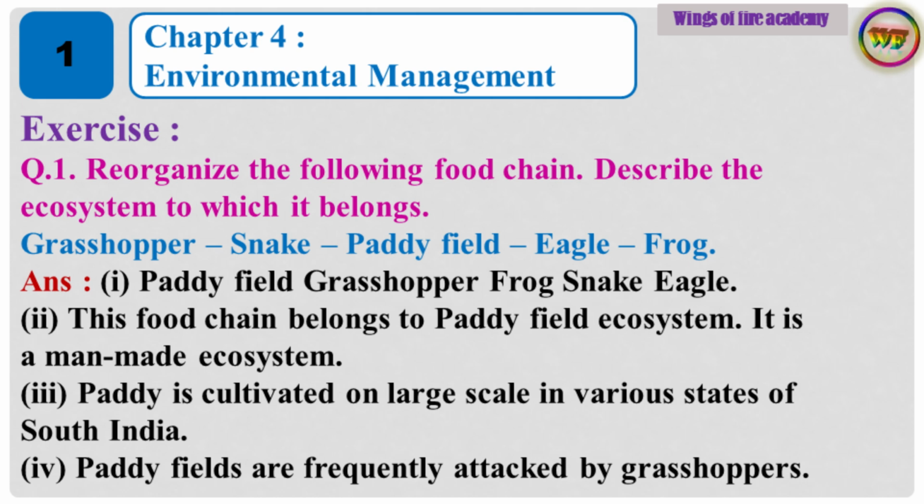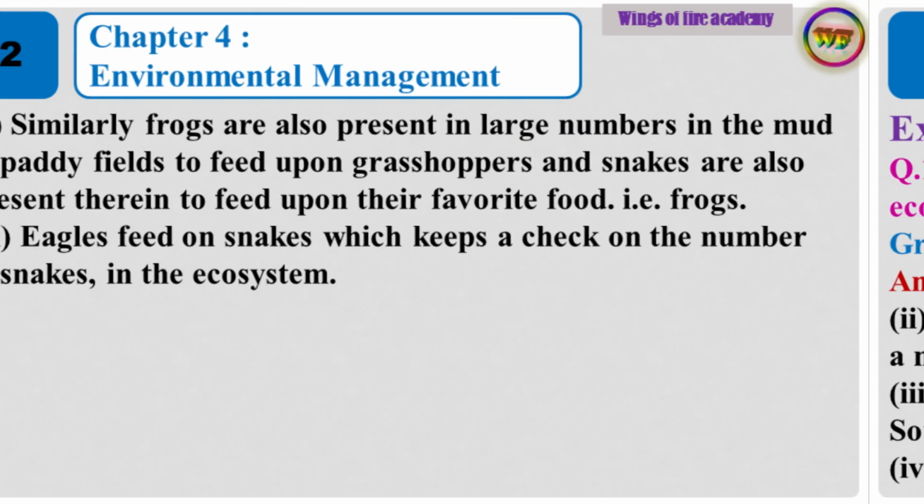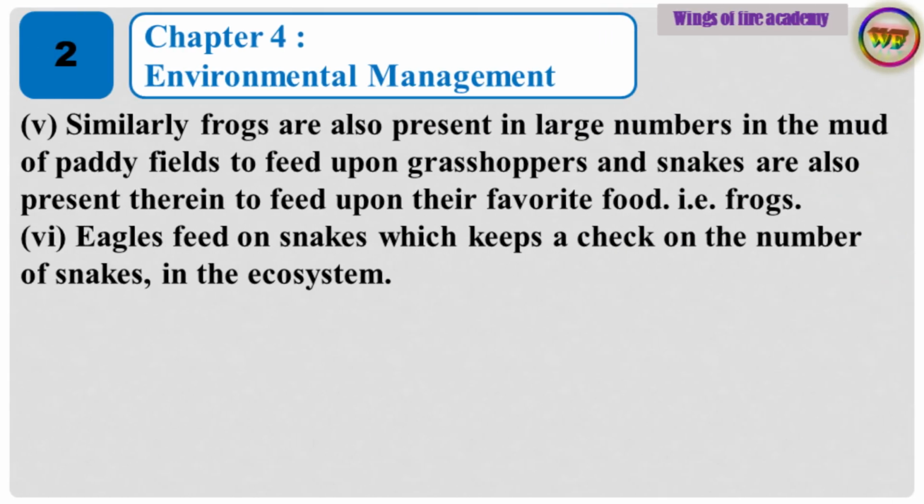It is a man-made ecosystem. Point 3. Paddy is cultivated on a large scale in various states of South India. Point 4. Paddy fields are frequently attacked by grasshoppers. Point 5.